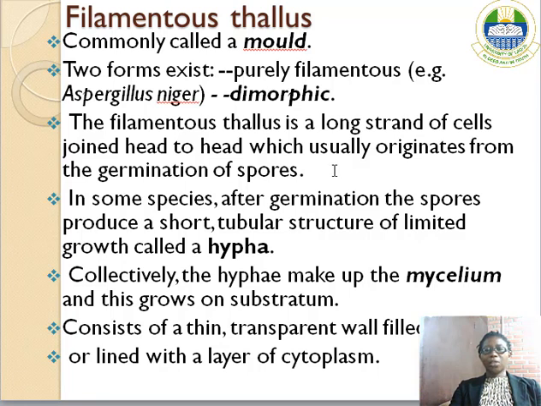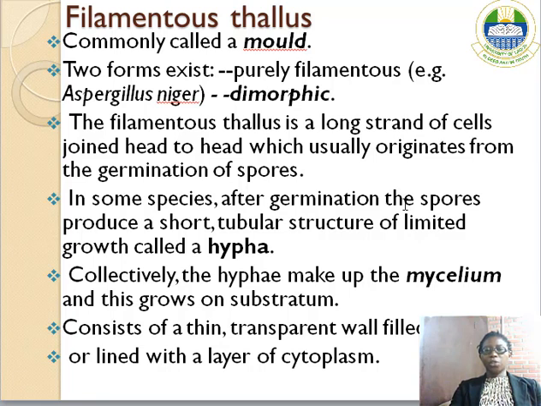An organism is said to be dimorphic when such an organism exists as two different forms in two different environments. Such an organism can grow as yeast in a particular environment and grow as a filamentous fungus in another environment. The filament is a long strand of cells joined head to head, which usually originates from the germination of spores.